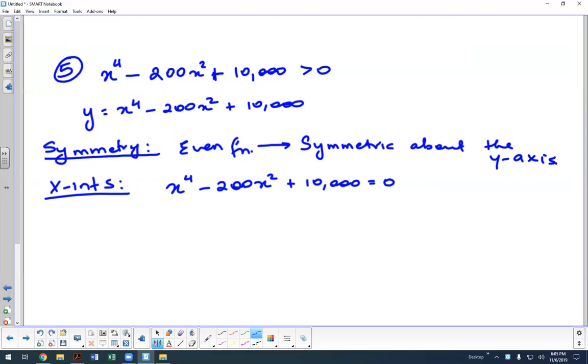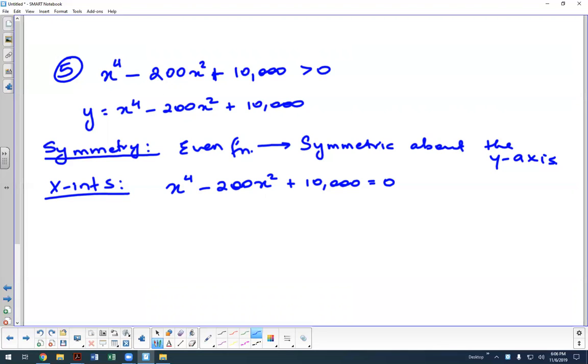So how do we normally find x-intercepts? We use the quadratic formula, which we cannot do here since this is an x to the fourth polynomial.